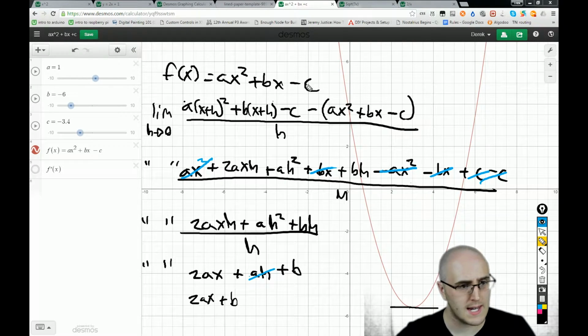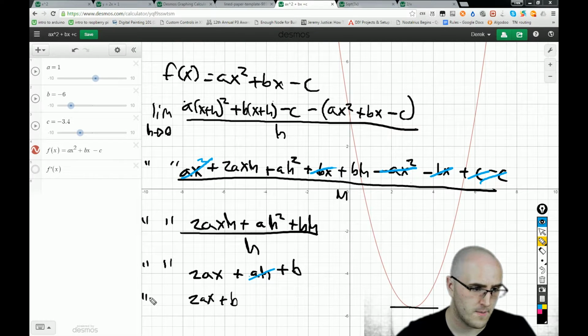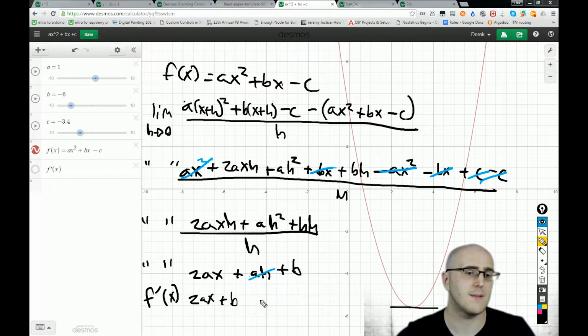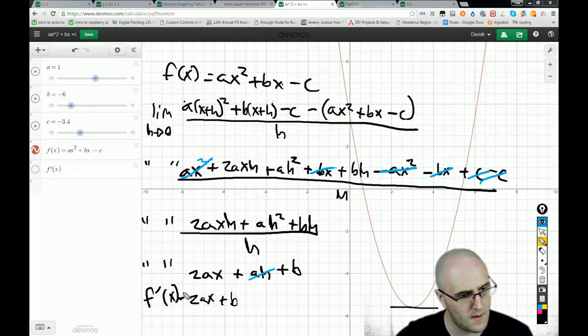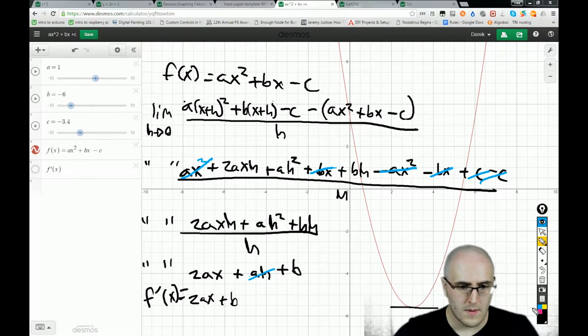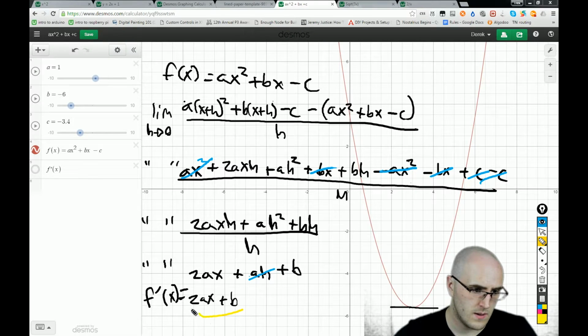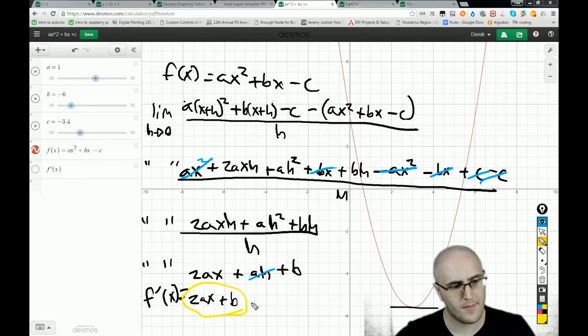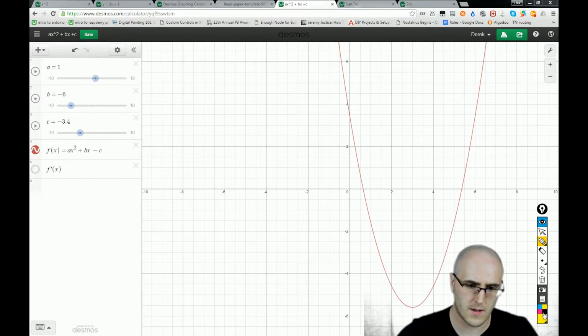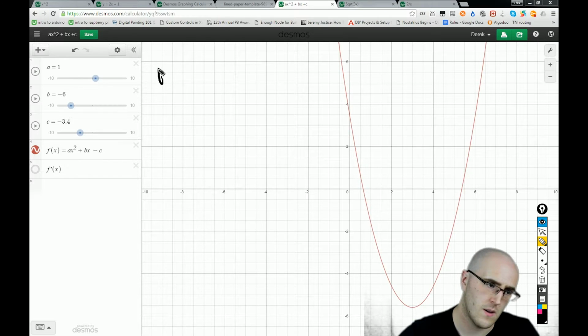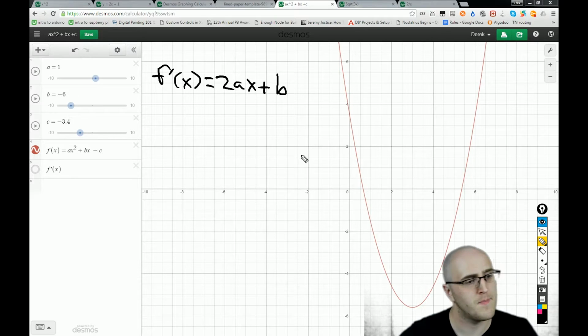So notice that c didn't even end up in our derivative, and this is, by the way, the correct derivative. So our f prime of x is equal to 2ax plus b. I'm going to clear it and write it again so we can talk about it when it's on our screen. F prime of x is equal to 2ax plus b.